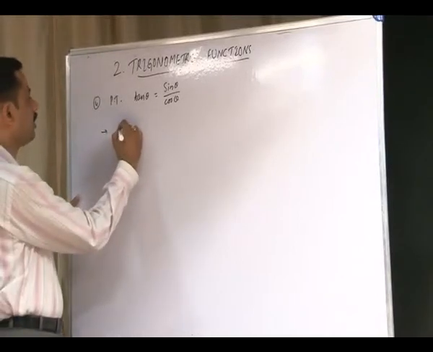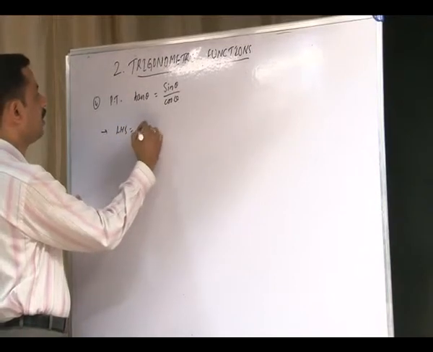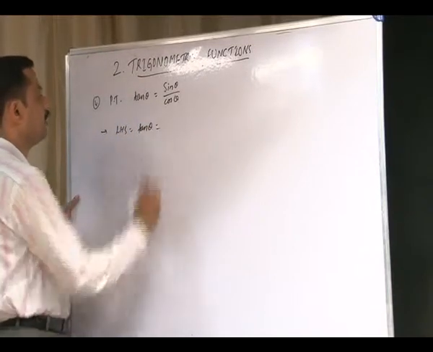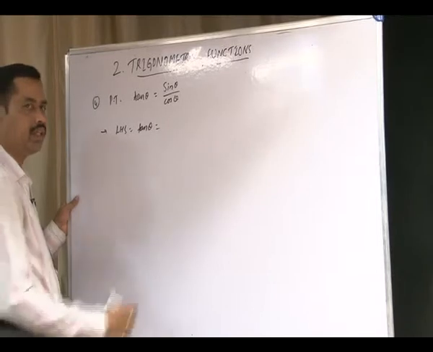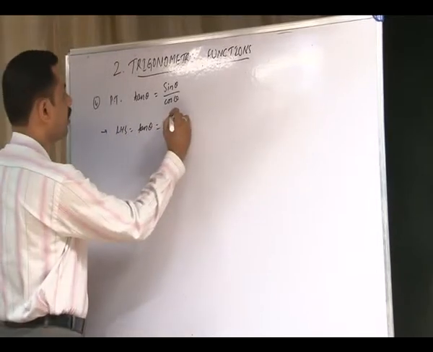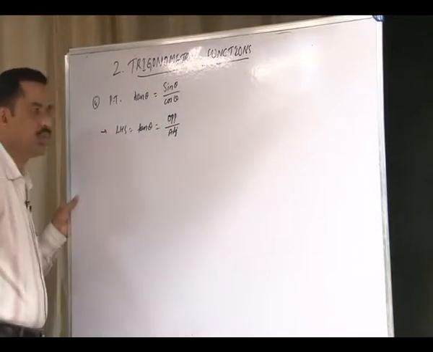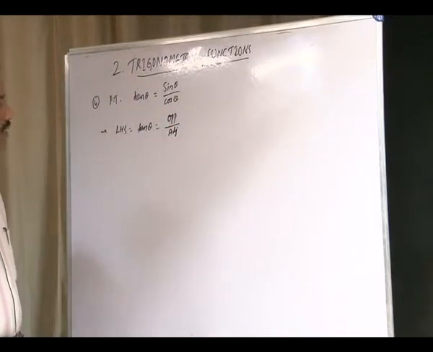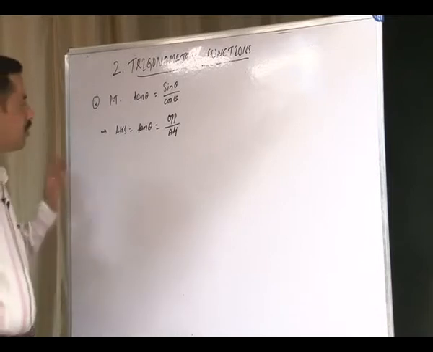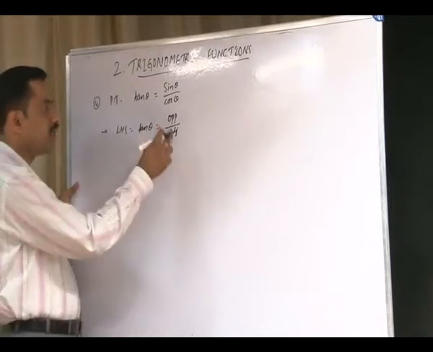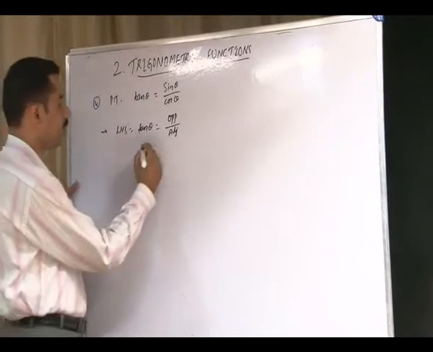To prove this relation I will consider left hand side. Left hand side is equal to tan theta, and you know the definition for tan theta. Tan theta is defined as the ratio of opposite side divided by adjacent side. After this I am going to divide both the numerator and denominator by hypotenuse.